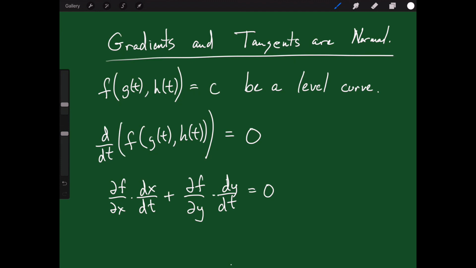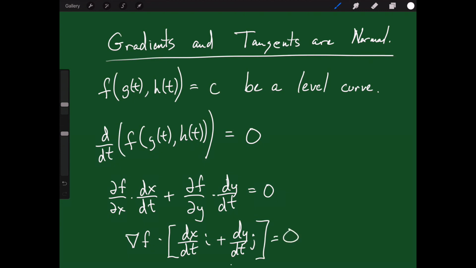If I think of this as a dot product, then this is just the gradient of f dotted with dx/dt in the i direction plus dy/dt in the j direction.